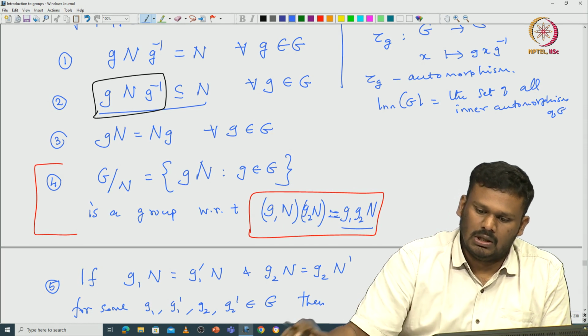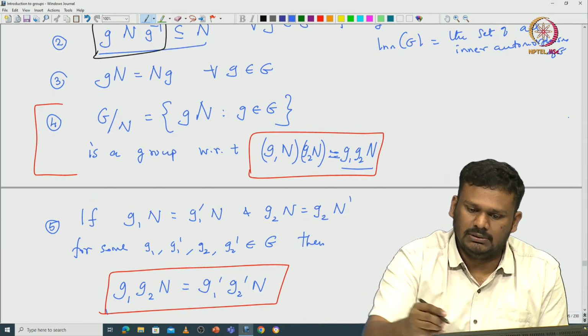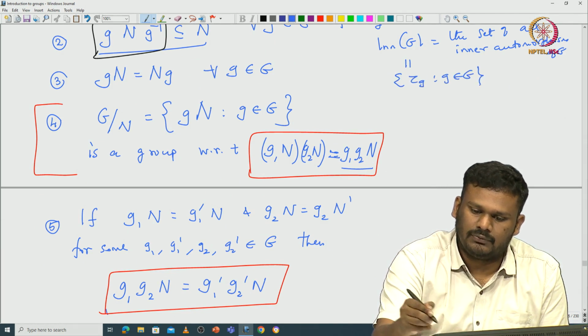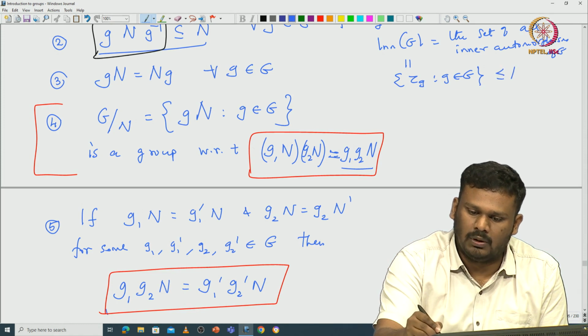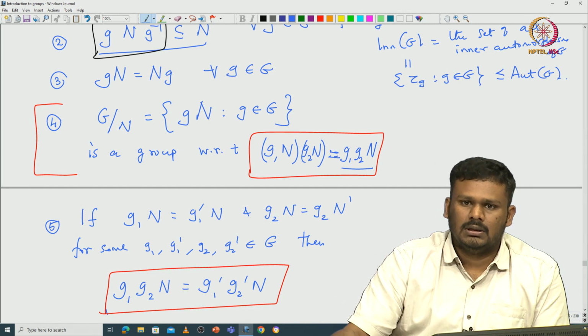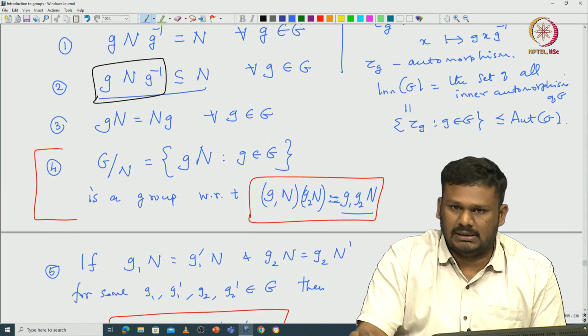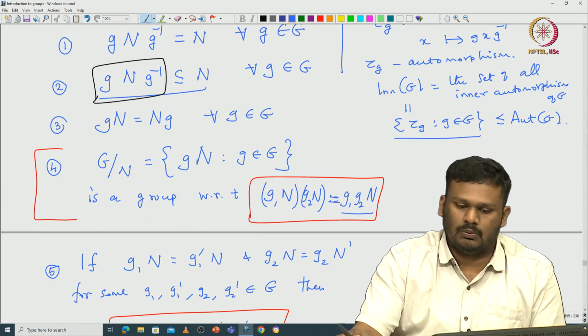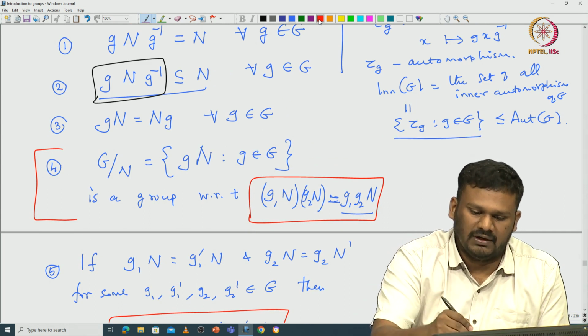Okay, this is by definition. So this is exactly equal to those tau g where g is coming from G. Okay, so this is a subgroup of the automorphism group of G. The automorphism group of G we have already seen, it is a group with respect to composition, and this is actually a subgroup. So this is something easy to verify. I will leave it to you to verify.